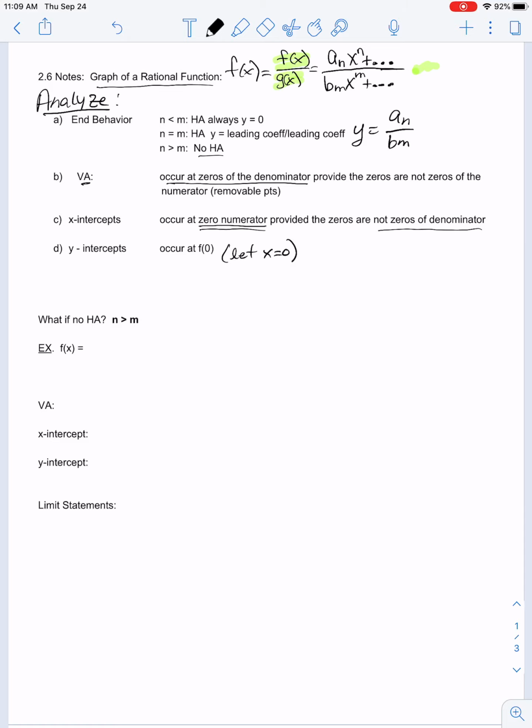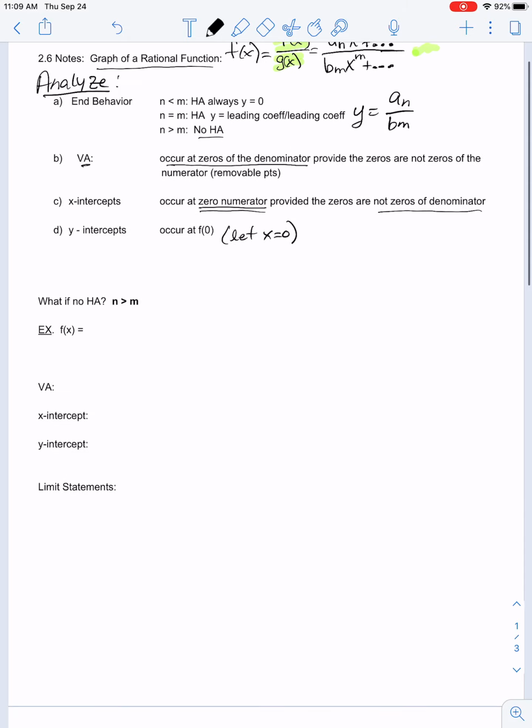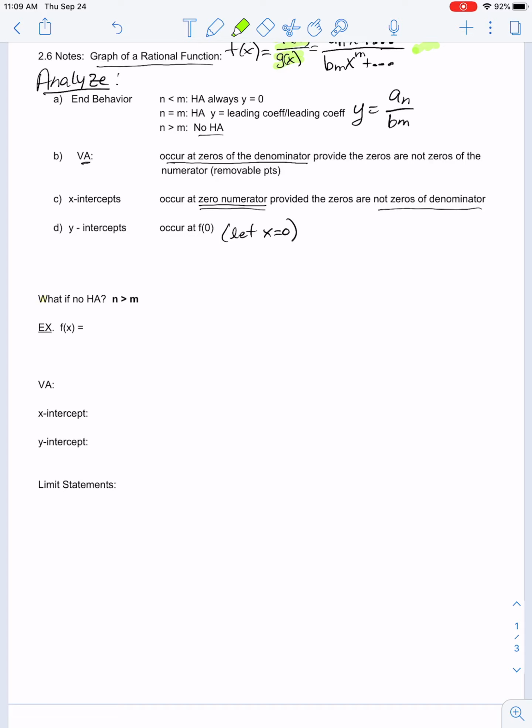Okay, so let's take a look at an example here. So I'm to this part here where it says, what if you have no HA? In other words, the degree on top is greater than the degree on the bottom. Okay, for example, f of x equals x to the third over x squared minus 9.